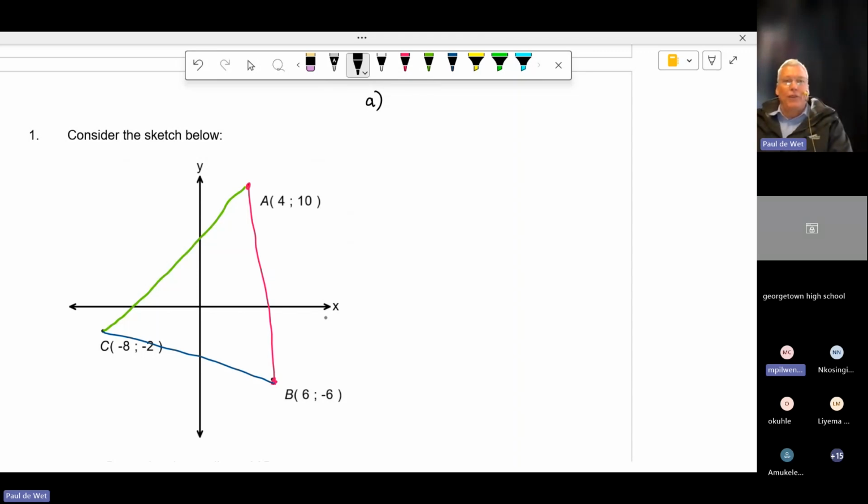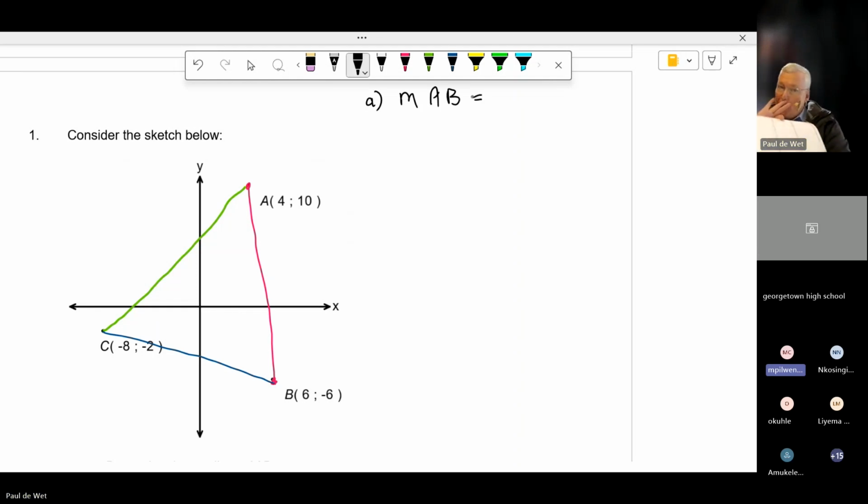All right, guys, so first up, who can tell me what is the gradient of AB? The gradient of AB, I'm going to write MAB. Right, guys, it's dropping down. Well done, it's -8. It's dropping down -16, and it's running across 2. -16 over 2, -8.